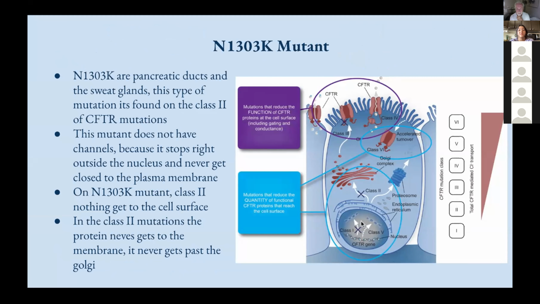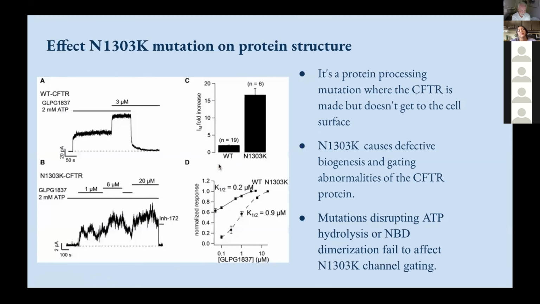This mutant doesn't have channels because it stops right outside the nucleus and never gets close to the plasma membrane. And on this mutant, nothing gets to the cell surface. And also proteins never get to the membrane, and it never gets past the Golgi.